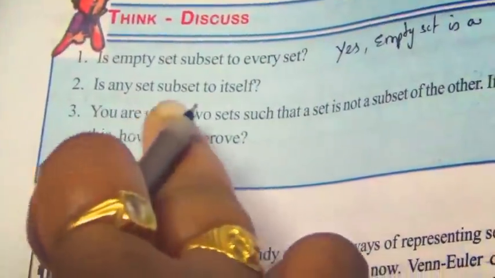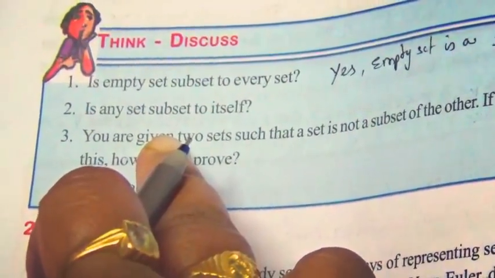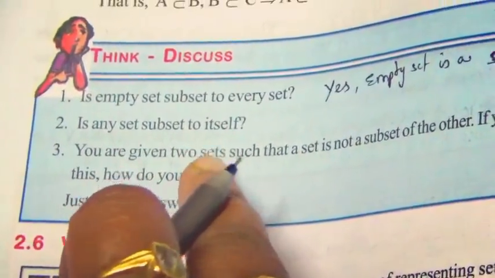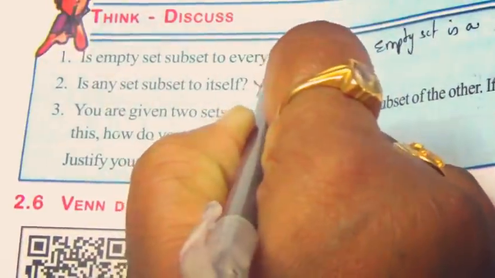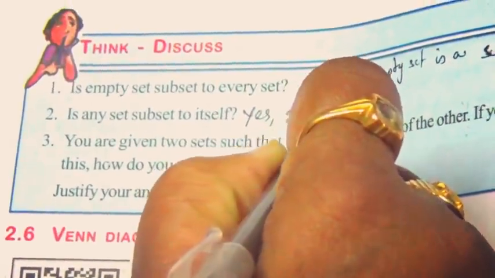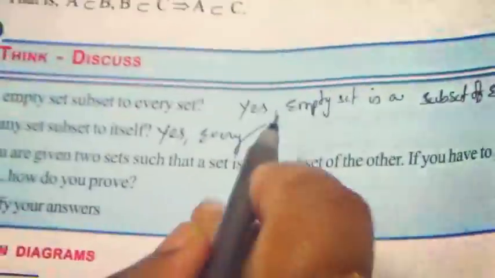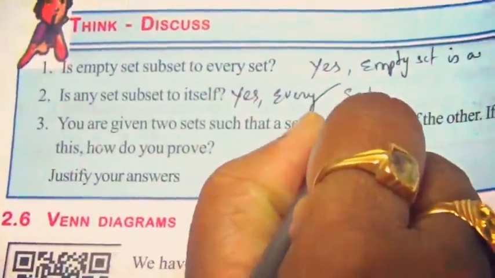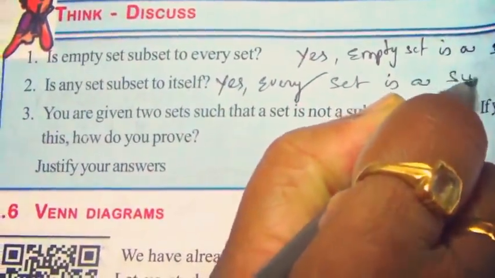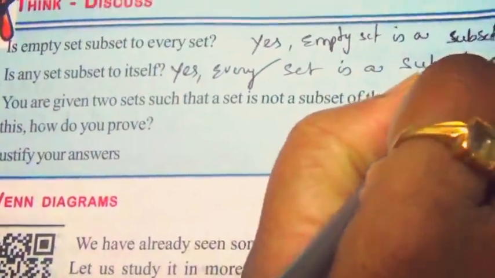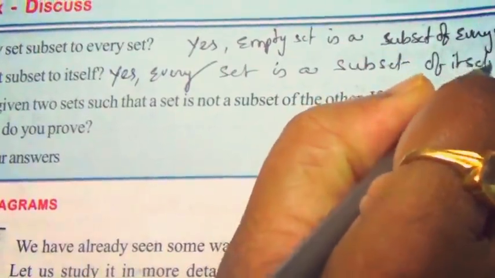Second question, is any set a subset of itself? Yes. Every set is a subset of itself. Okay.